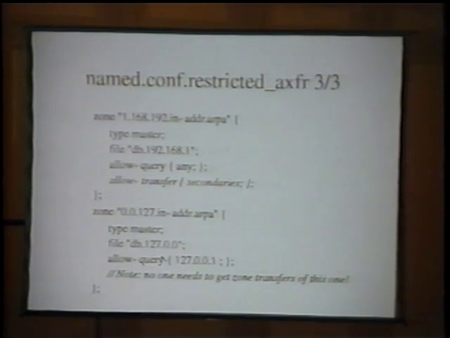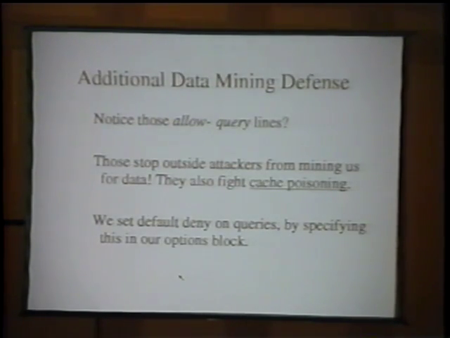And I'm going to do this also for the reverse section. The reverse section of bestdeallinux.org is that 192.168.1.foo, and we're going to allow transfers again just to the secondaries. And then you'll see on the local zone, this is just for the existing machine, so nobody needs to be able to do zone transfers from here, because it's just not necessary.